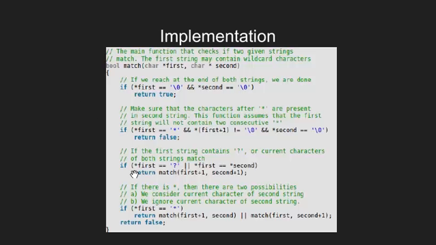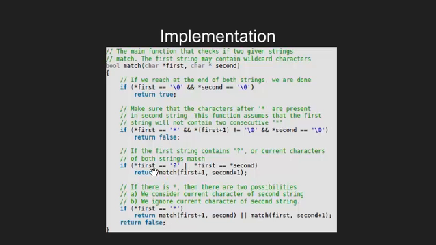So let's see the implementation of our approach. Here we have a function receiving two strings. This if statement checks if we have reached the end in both strings. It would then terminate with the output true. This condition checks if we have an asterisk followed by a character in the first string and no character in the second string. This is the case where the output would be false.